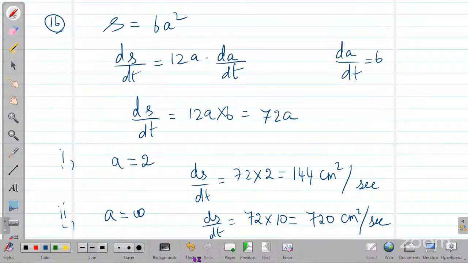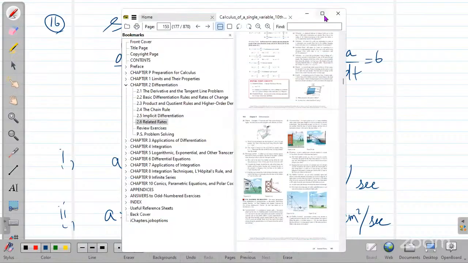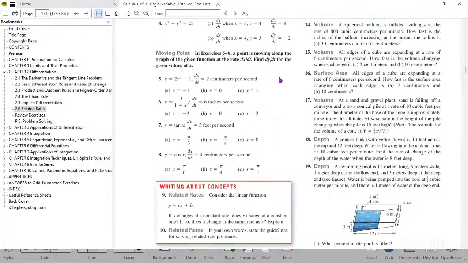Can you just tell me the next problem? Whatever questions you have. Can we try number 41?